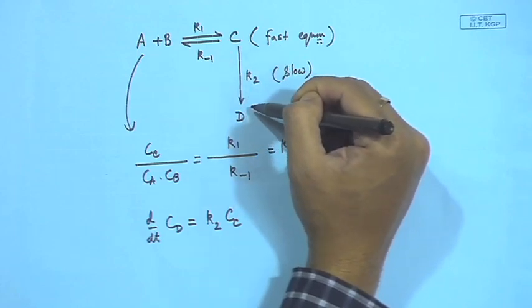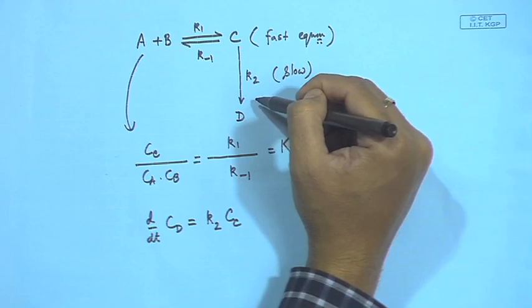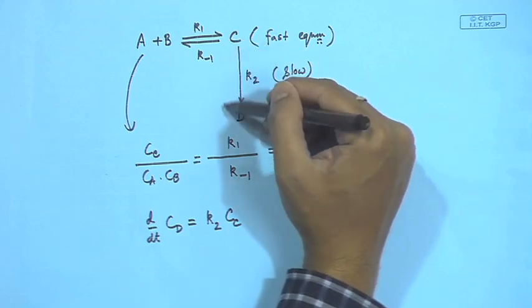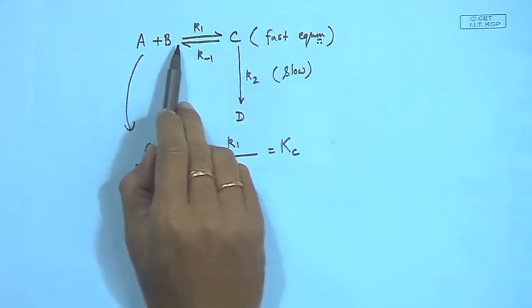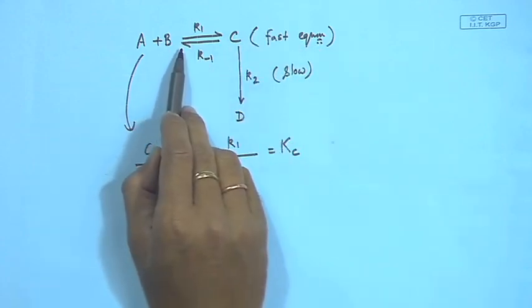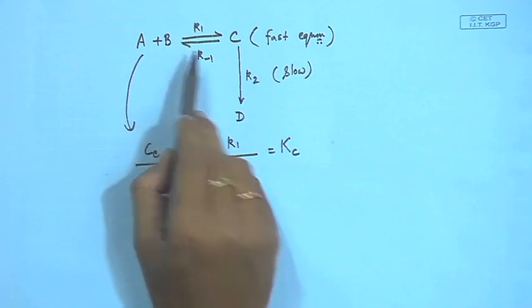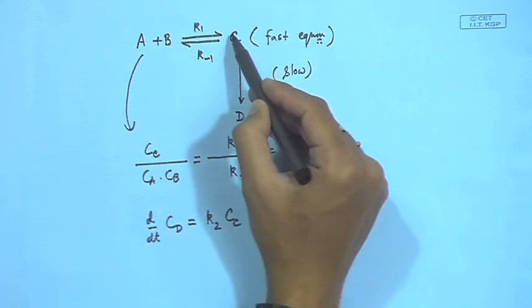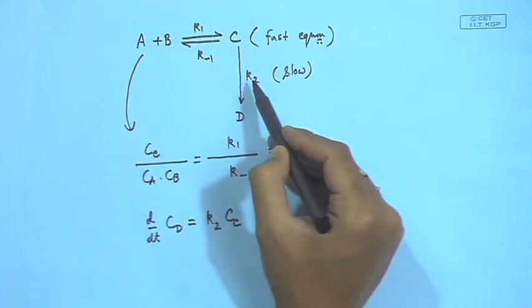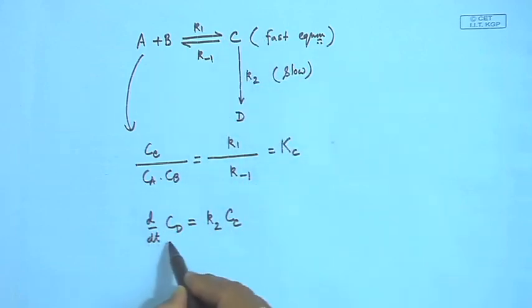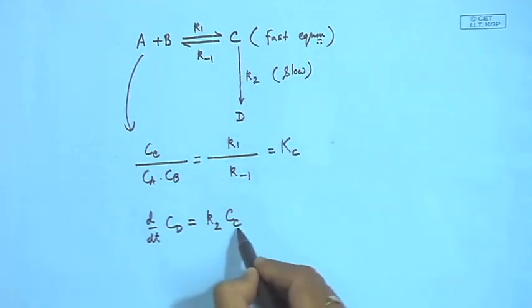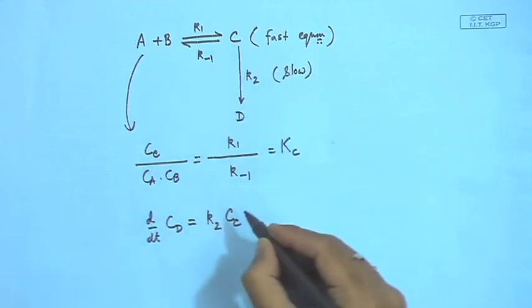So, the kinetics of the rate determining step is the deciding factor, and the rate equation should include this particular step, because the other steps happen very fast. So, the speed of the whole process will depend typically on this step. Therefore, d[D]/dt is equal to k2 times [C].